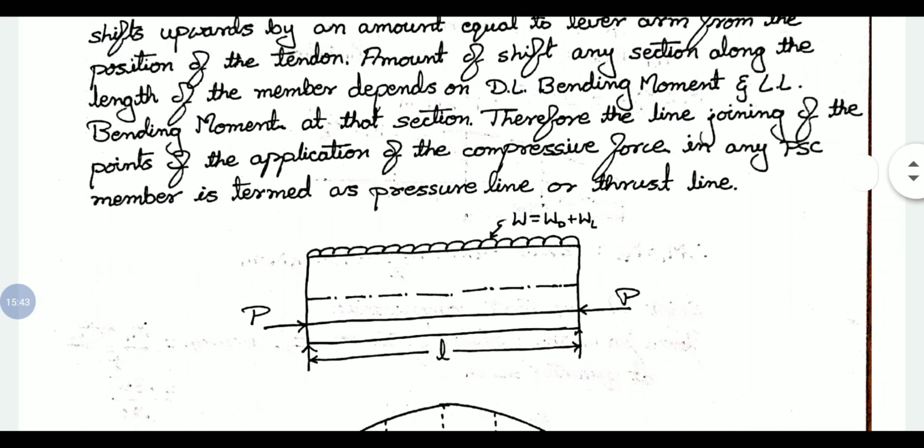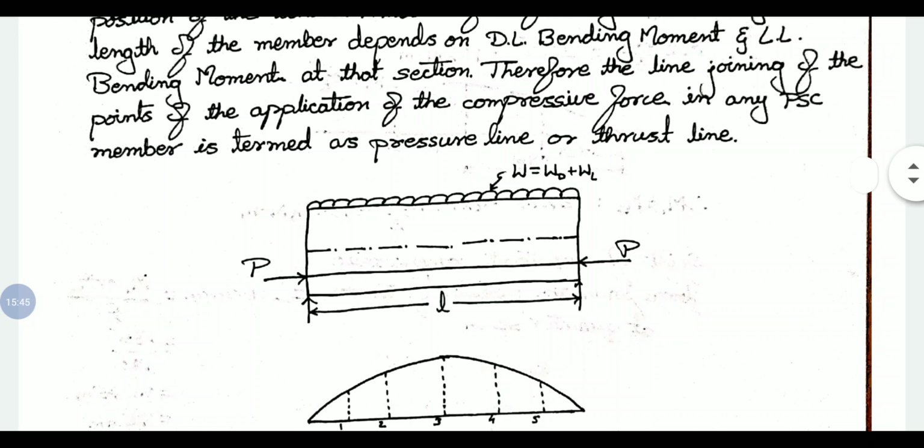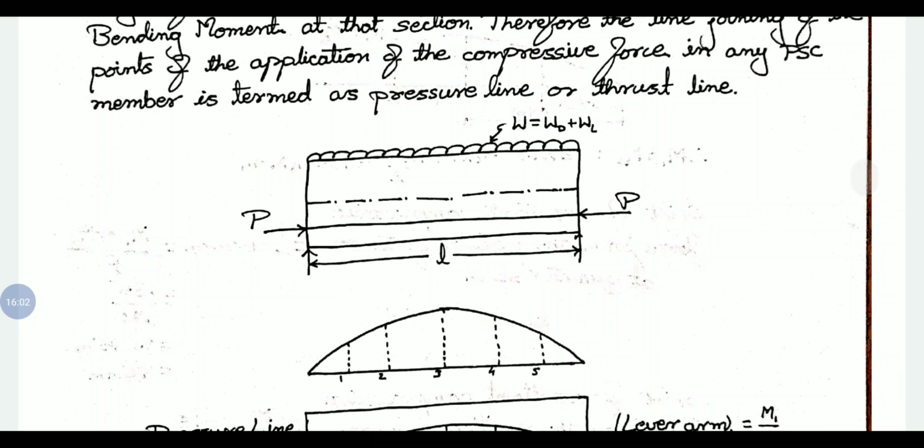So in the figure you can observe P is the pre-stressing force. Before applying W, that is dead load and live load, the compressive force will act at the level of P only. But when you apply W, you get a curve like this.